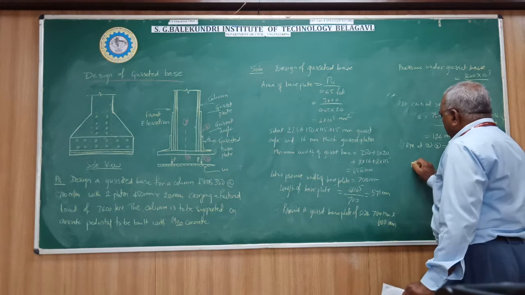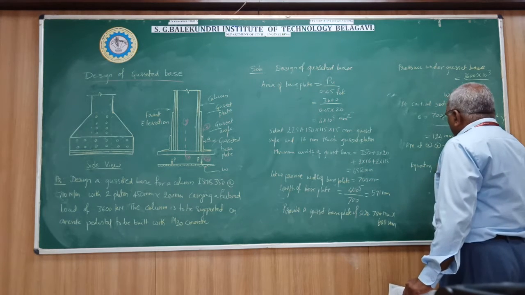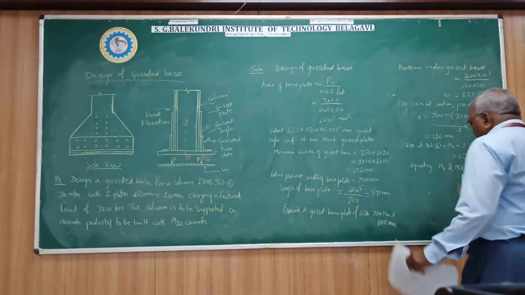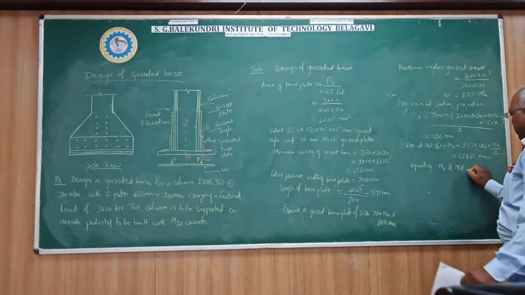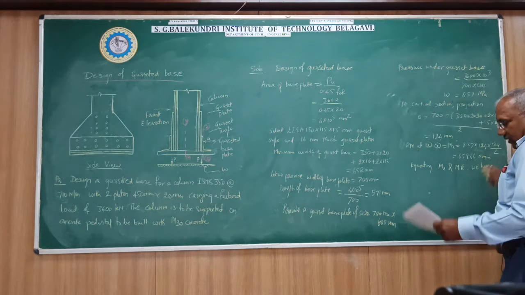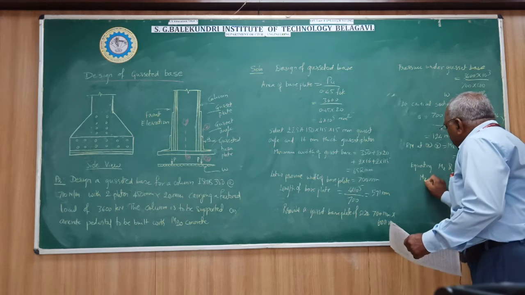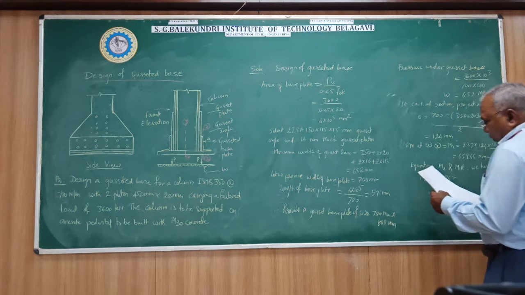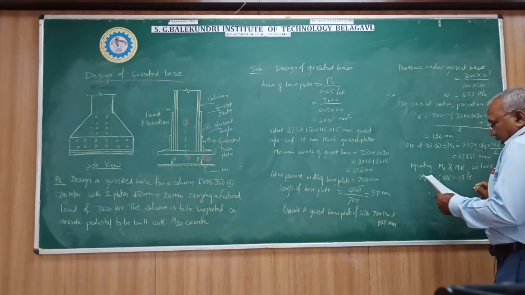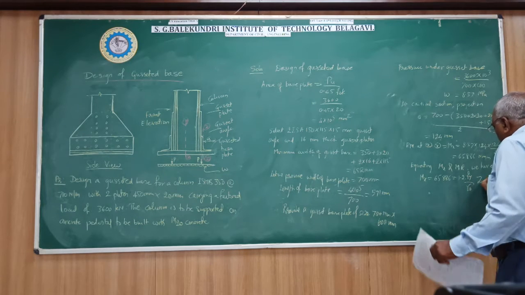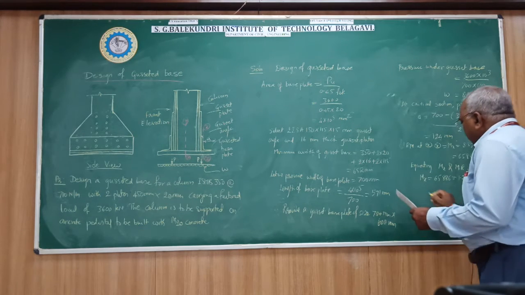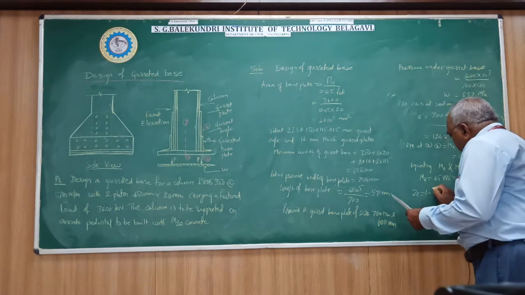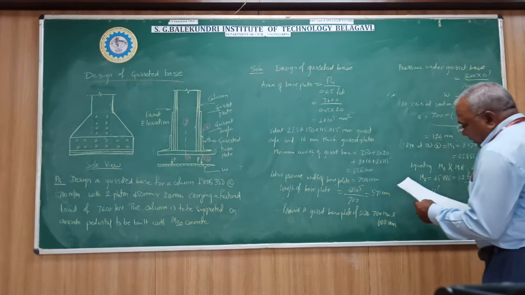Equating Mx and the moment of resistance, we have 65886 equal to 1.2 into fy divided by gamma m0 into Ze, where Ze is the elastic section modulus of the plate. Ze equals 1 into t square divided by 6.